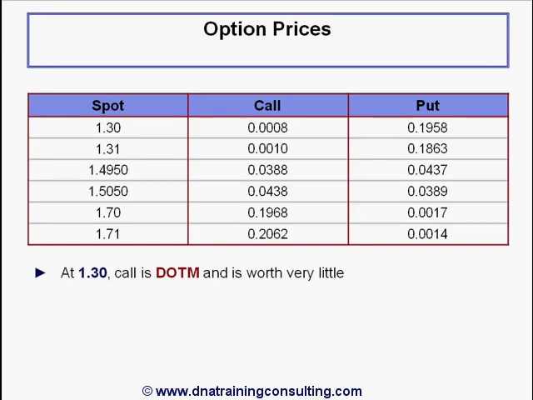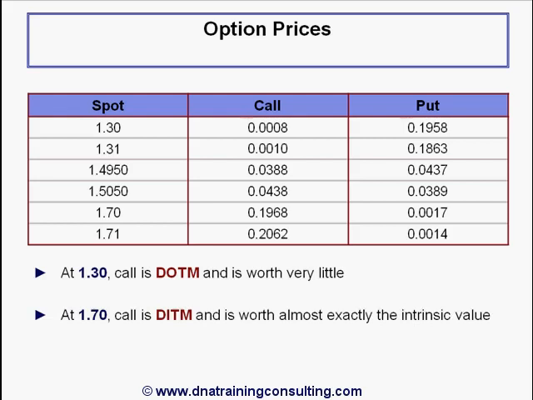At 130, the call is deep out of the money and is worth very little, specifically $0.0008, given how unlikely it is that it will be exercised on the expiration date. At 170, the call is deep in the money and is worth a great deal, specifically 0.1968.